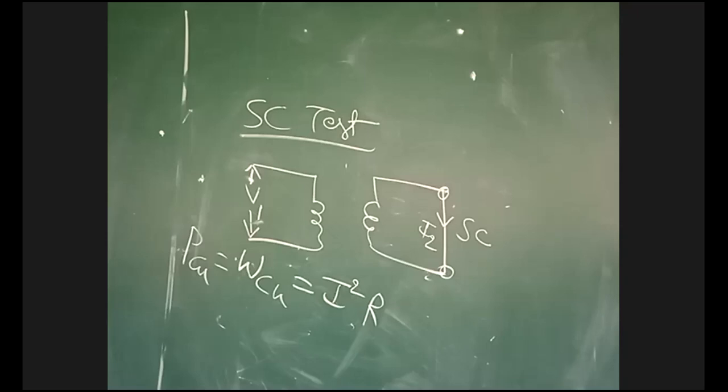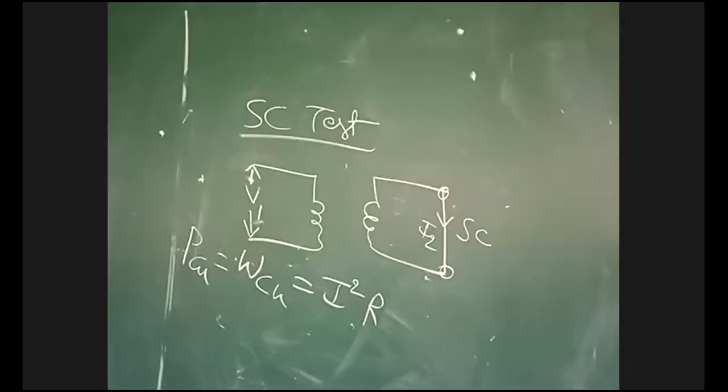Before that, you read all the things. We have completed the EMF equation of the transformer, problems on EMF equation, transformation ratio, and the open circuit and short circuit tests. In the next class, we will start the equivalent circuit. Wait for some time, I'll take the attendance.